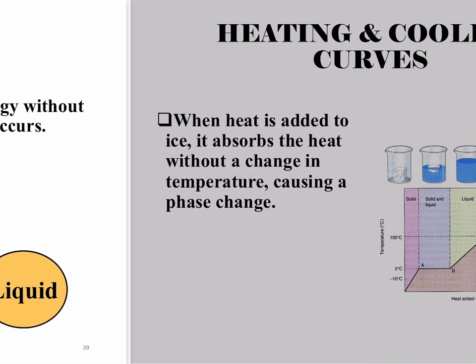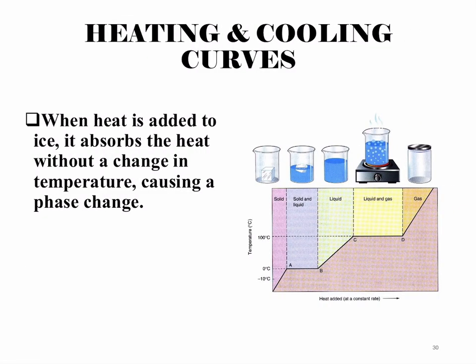All right, so here we have an example of what a heating curve looks like. So this can be water, for example, and we see we have heat added, right? So heat added should be in units of what? What are the units of heat? Joules, right? Because it's a unit of energy.